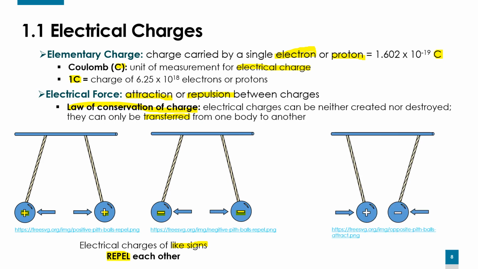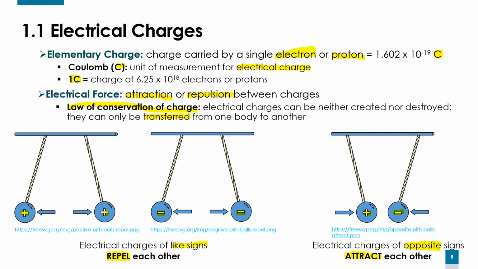And what happens if I have two charges that are opposite? If I have one positive and one negative charge, what's going to happen? They're going to attract. Okay, so it's a really important concept. If I have two signs that are the same, they're going to repel. If I have two signs that are opposite, they're going to attract.